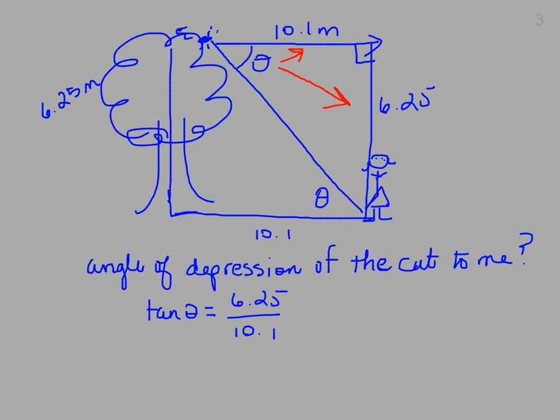And then when I do the tangent inverse in my calculator, I'll say theta equals tangent inverse of 6.25 over 10.1, and then that will give me 31.7 degrees.